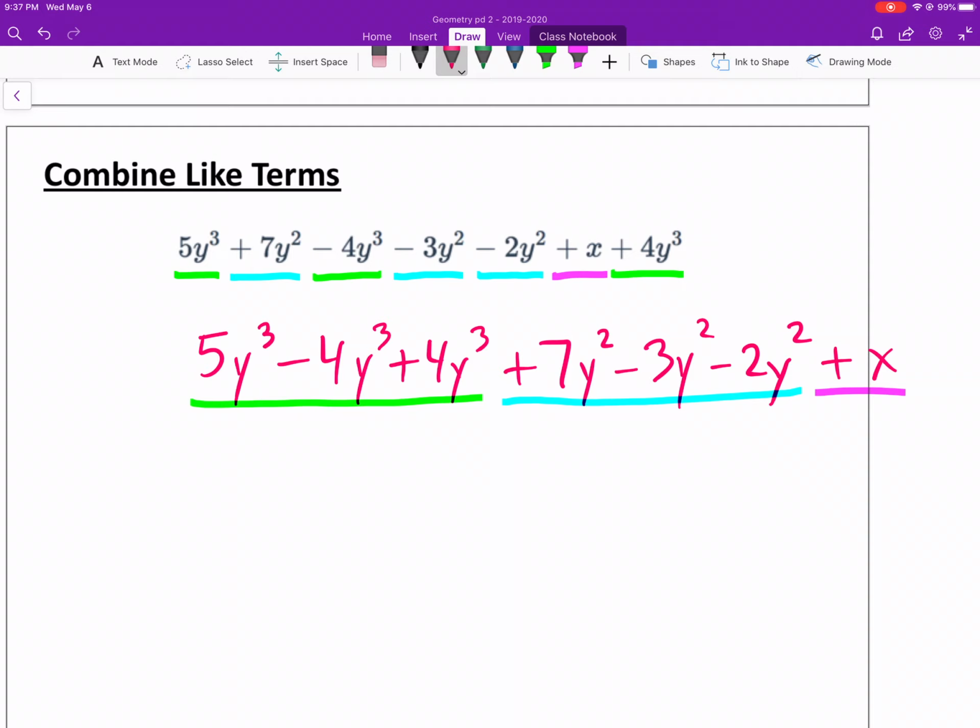So what's 5y to the third minus 4y to the third plus 4y to the third? Well, the negative 4y to the third and positive 4y to the third would just cancel each other out, so we'd be left with 5y to the third power.